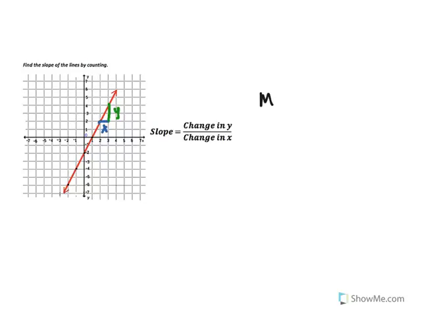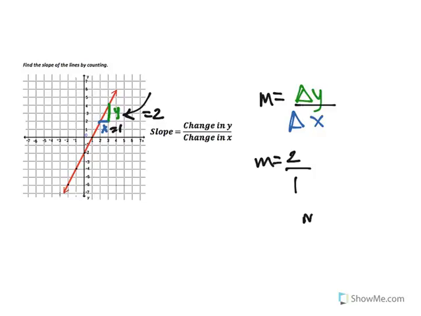So I write the formula, slope equals the change in y over the change in x. And then I just count the boxes here. The change in y was 2 boxes. The change in x was 1 box. I put 2 here, 1 here. The slope of this line is 2.